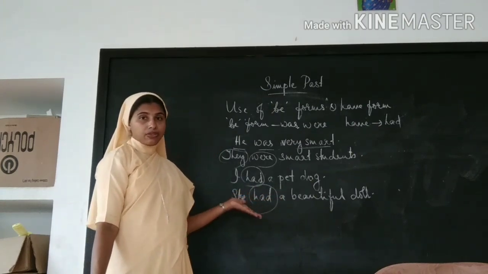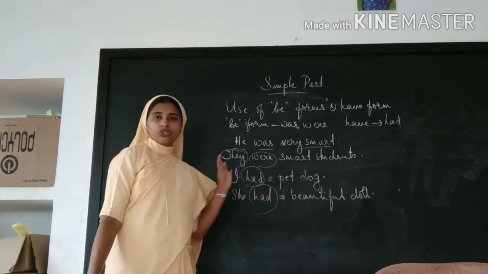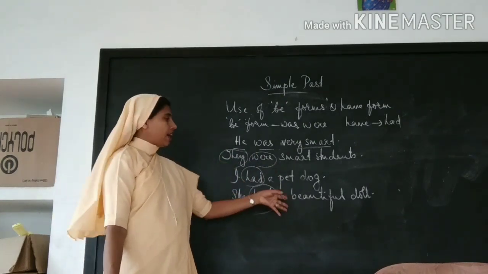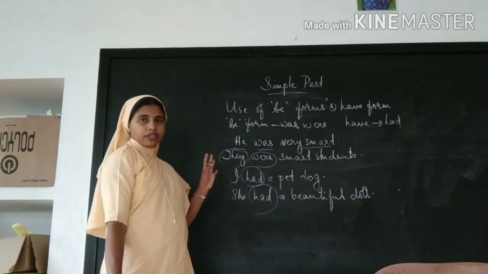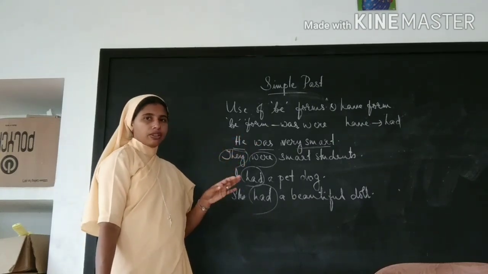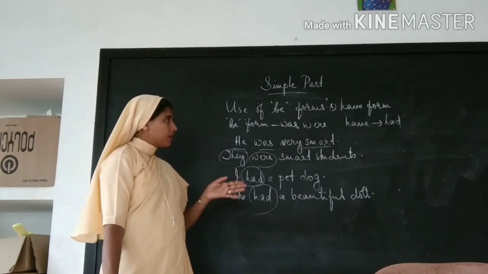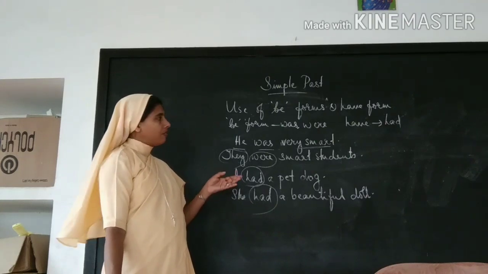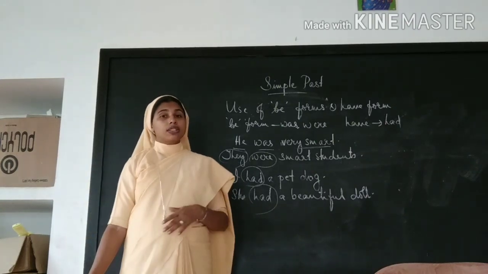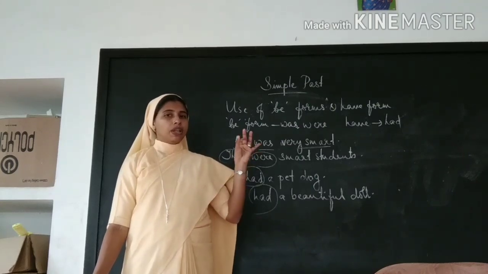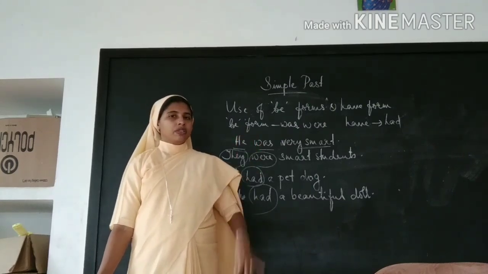If it's in simple present, we would say she has a beautiful doll, and its past is had. So the be forms will be was or were as main verbs, and had will be used as a main verb. When you come to perfect tenses, it will be used as an auxiliary verb. That's why I am telling you especially that here it will be used as main verb.